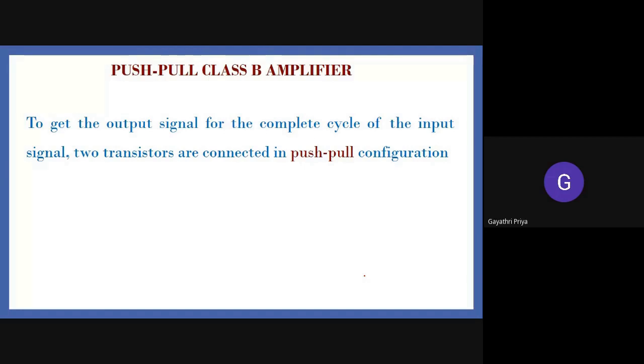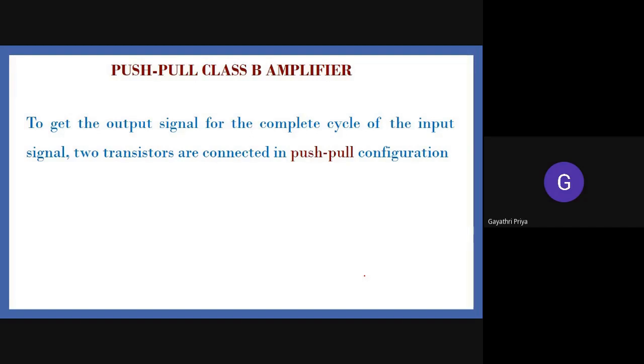I need the output for the entire cycle, not just for a half cycle. I need the output for the complete cycle. Whether it comes out for 360 degrees, or 180 degrees, or between 180 and 360 degrees, or less than 180 degrees, I never mind about that.